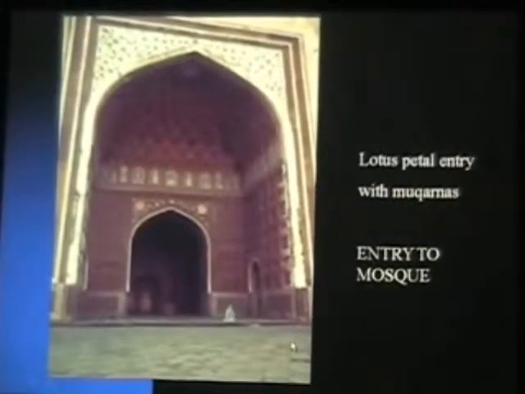These entryways, in my view, are symbols of the lotus petal. That's where this form comes from. These are the muqarnas, or the multiple type of incised sculpted incense, which I believe derived from the Buddhist architecture.